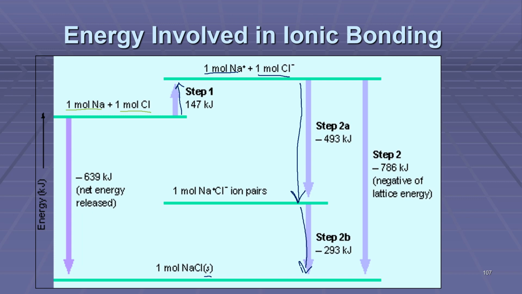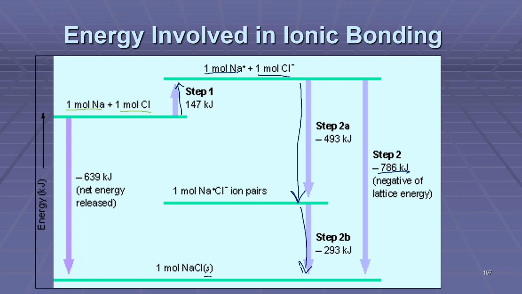And so overall, the energy of them coming together to form a solid is negative 786 kilojoules. So the lattice energy is 786 kilojoules. That's how much you would have to put in to undo the lattice, to separate them back out.